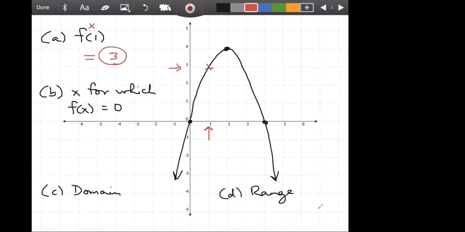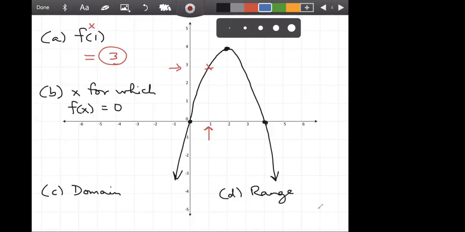All right, pretty easy, right? Next one, we want to find the values of x for which f of x equals 0. Is 0 an x value or a y value? Well, 0 is a y value in this problem.